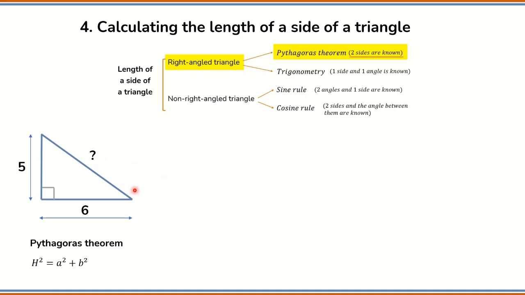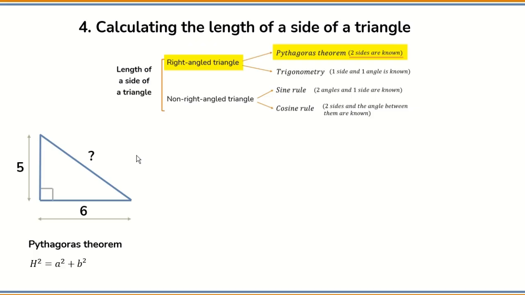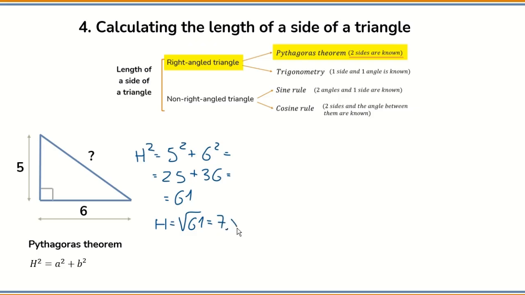The hypotenuse squared equals one side squared plus the other side squared. H squared is 5 squared plus 6 squared, and this is 25 plus 36, 61. So h will be the square root of 61, which is 7.81.